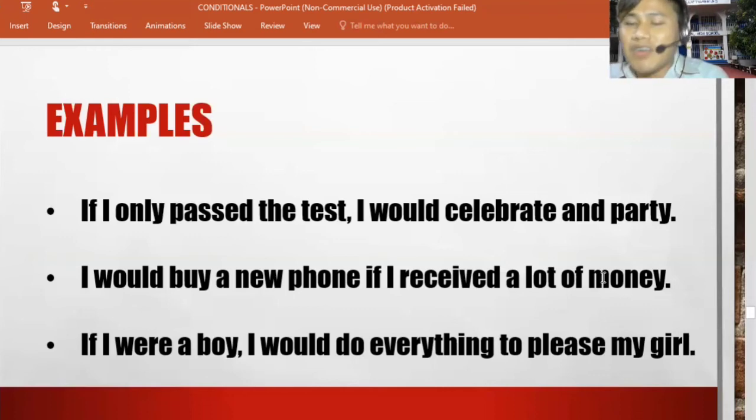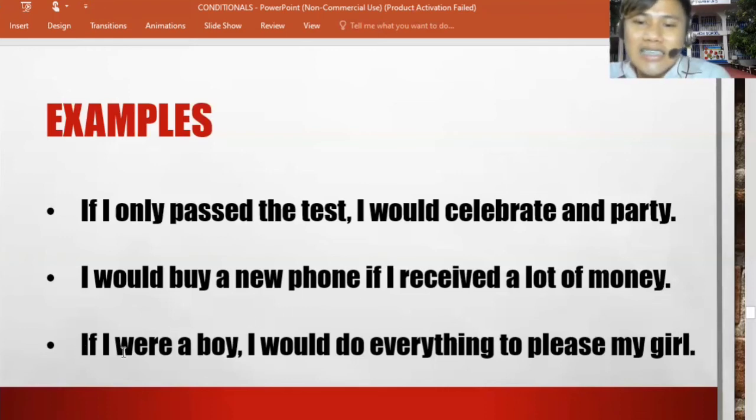So it's very impossible that we will be receiving a lot of money at this point in time, because we're still young. Maybe our parents will just give us 50 pesos for our baon in going to school.